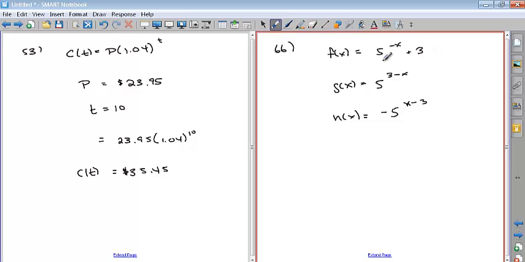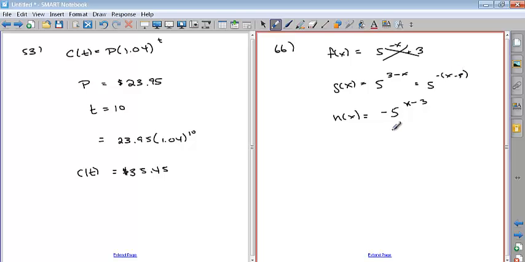Well, this one is definitely not going to be the same because it's shifted 3 units in the y direction. If I factored out the negative sign, I'd have negative times x minus 3. So these are both shifted.